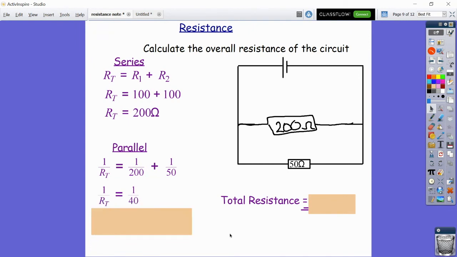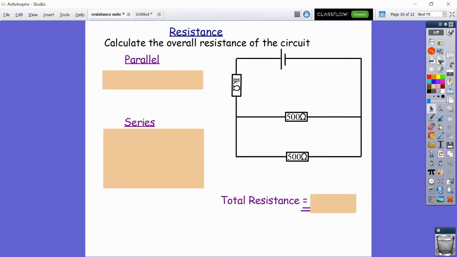Simplifying that down, I would get 1 over 200 plus 4 over 200, which is 5 over 200, which simplifies to 1 over 40. RT on its own would be 40 over 1, or 40 ohms. Smaller than the smallest resistance, which is what we expect. Total resistance, nice obvious answer, 40 ohms.